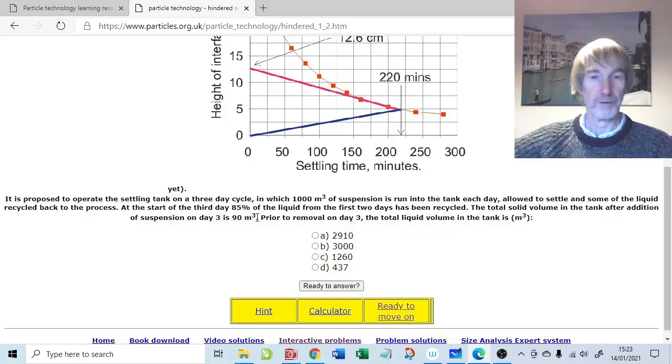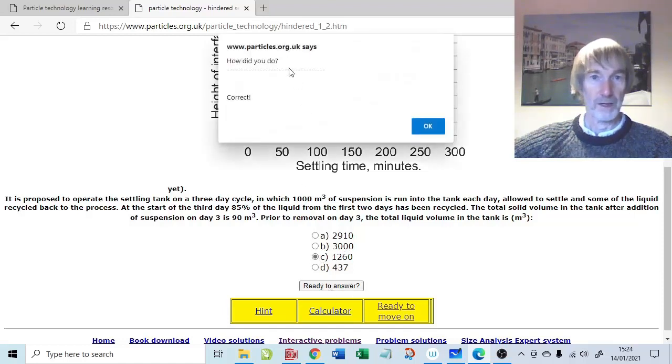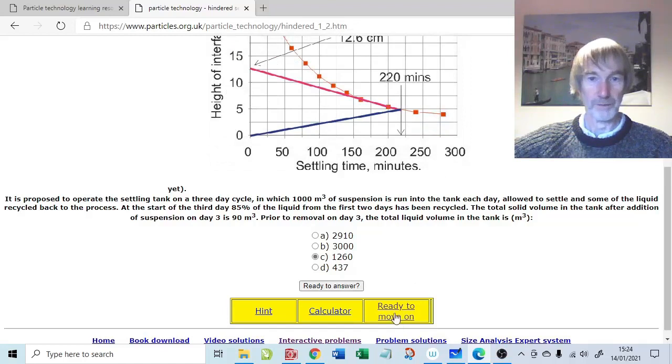Yep, that's what we worked out. Prior to removal on day 3, the total liquid volume in the tank is, well, that was 1260 when we calculated it a few moments ago. So I'm going to select 1260 and we'll just check that that's the right answer. I'm glad to say, yep, that's the right answer. Good, good. So we can move on, right?